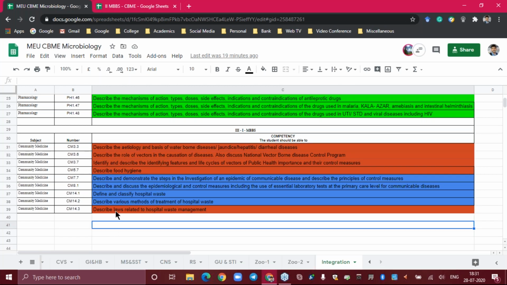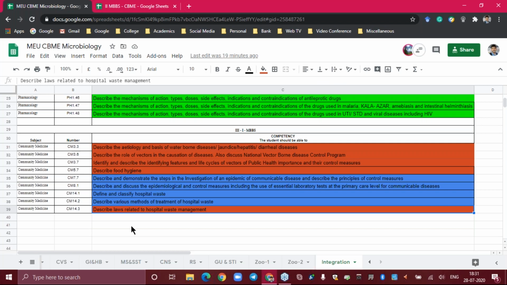Once again, repeating: nesting is when you cover the competency of another subject in your session where the teacher is not required, right? Correlation is when there is a sharing of information, a session is on a common platform, and both teachers are there, and both teach their portion, which is devised by common understanding that there are 15 objectives to be covered.